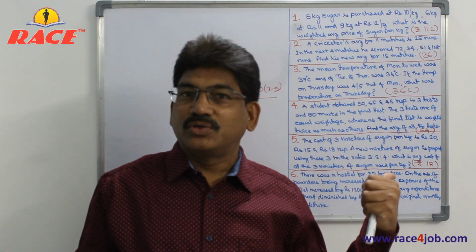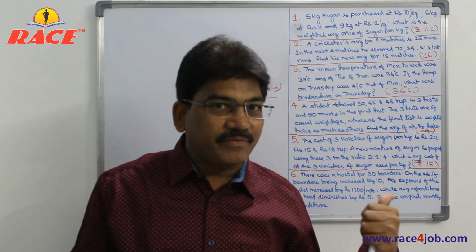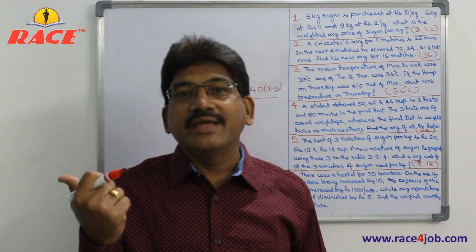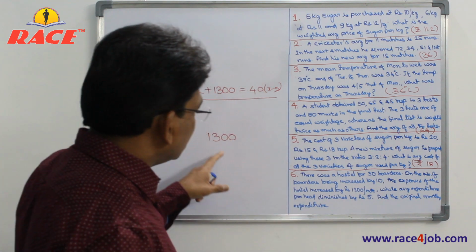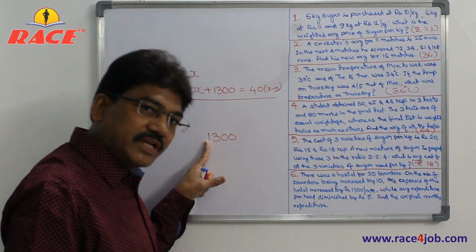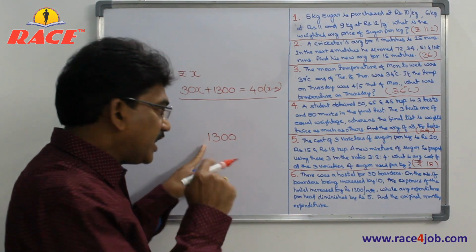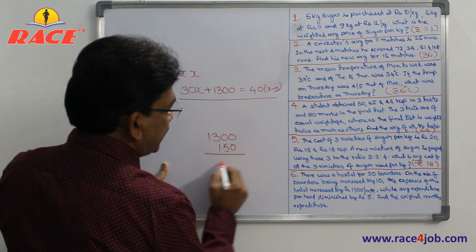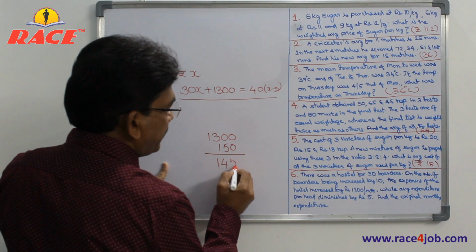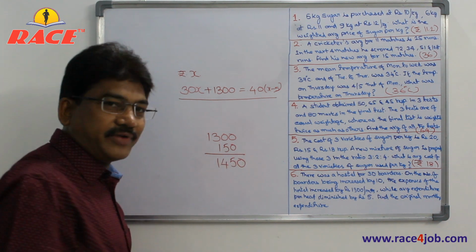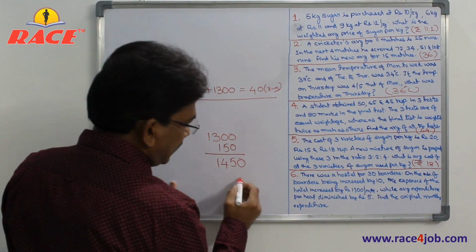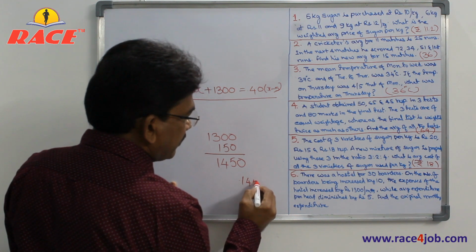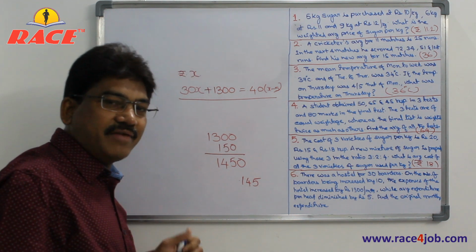These 10 people are paying their own expenditure of 1300, and besides that, 150 rupees also. That means these 10 people pay a total of 1450, so on average 145 rupees is their average price.